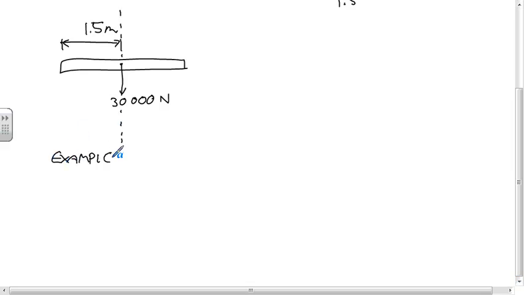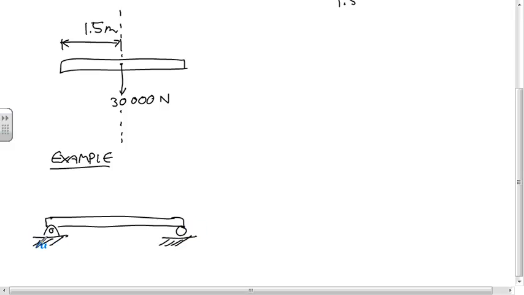So now I want to do an example. So I'm going to start out with this sort of basic beam problem. Let's say that the length of the beam is 2 meters and the mass is 1,000 kilograms.